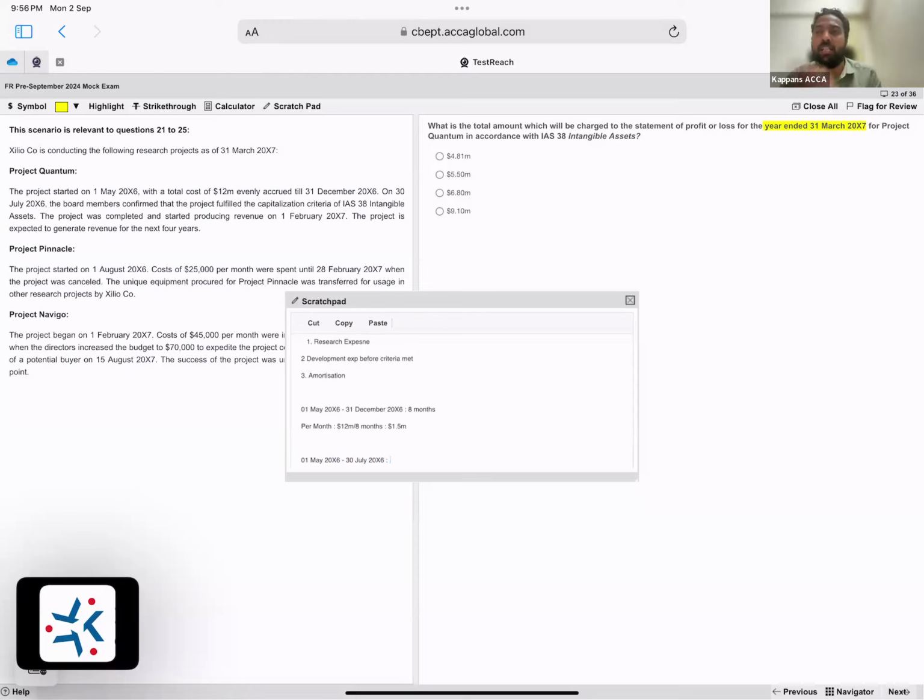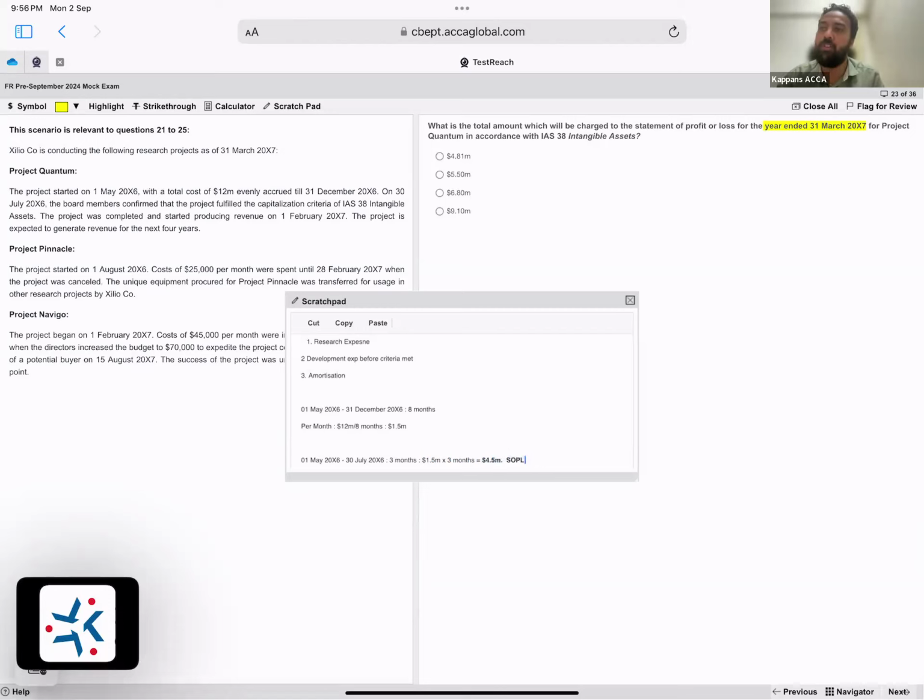How many months are there? May, June, and July, 3 months. So 3 months expense will be expensed off because it is before criteria met. So 1 month is equal to 1.5 million. So 3 months is equal to 4.5 million. So this will be shown in profit and loss account.